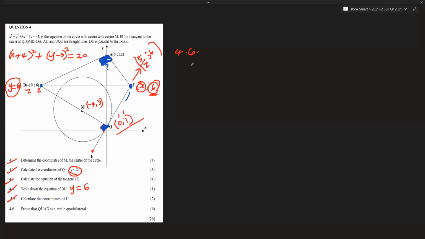Okay, so we need to do M of AD and M of AU. Let's do it quickly. So I'm going to start with AU. I'm going to call this my ones, this one my twos. I'm not going to write the formula, guys. I'm sure you're used to the formula now.